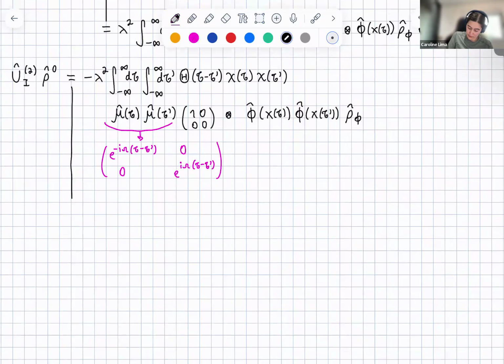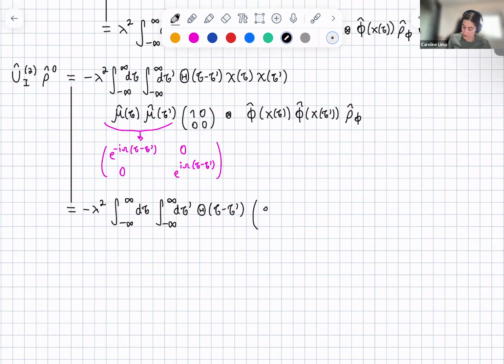All right, so if I do this math, what I get is minus lambda square, integral from minus infinity to infinity of d tau, minus infinity to infinity of d tau prime, then the Heaviside, times e to the minus i omega (tau minus tau prime), 0, 0, 0. And then just repeat whatever I have for the field.